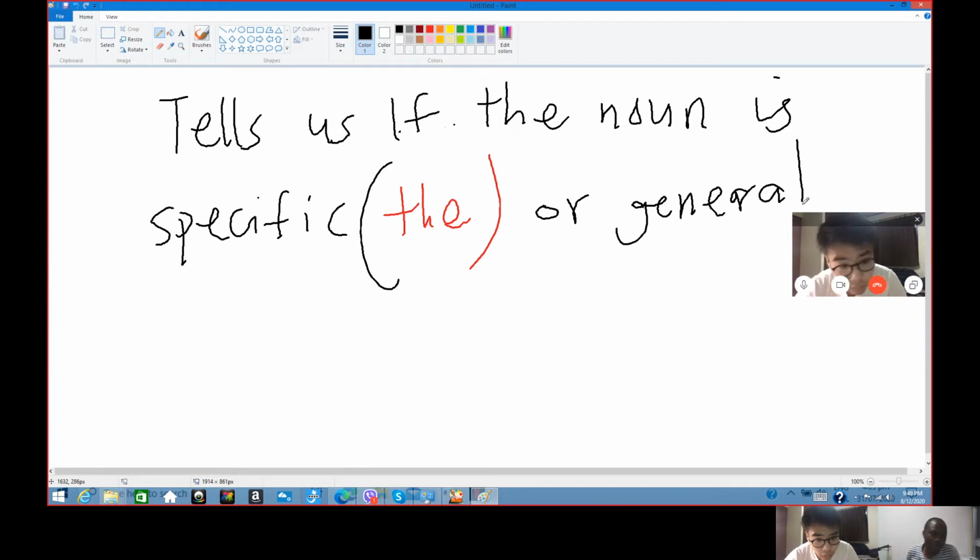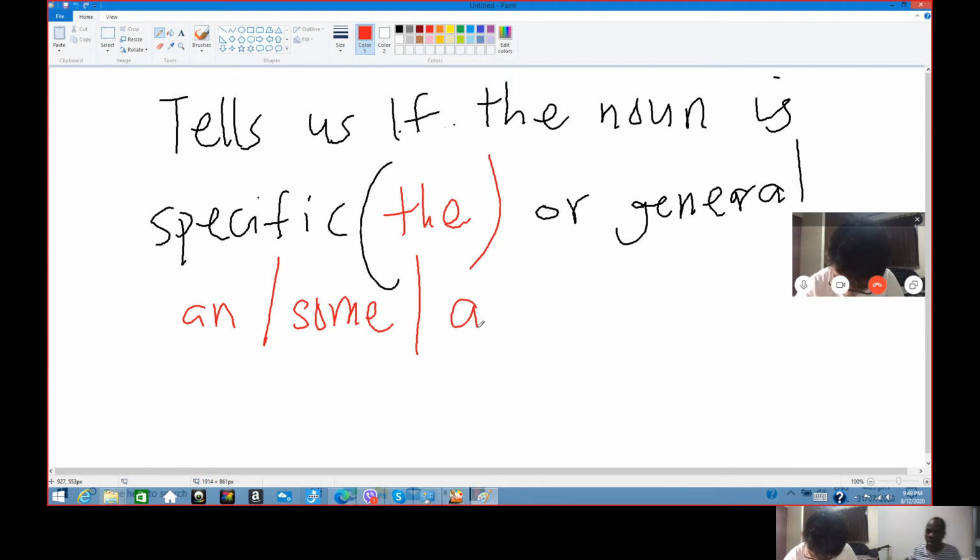So if general, then I have to use words like an, or some, or a. So these are the two functions of article.